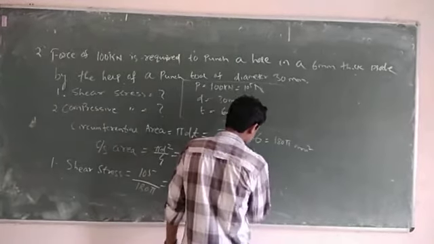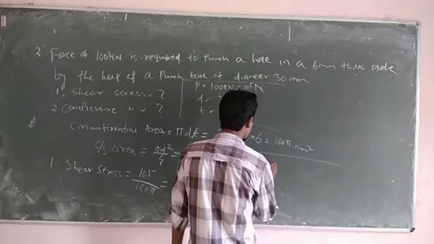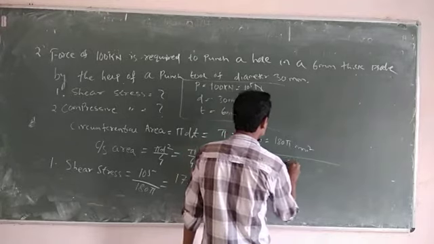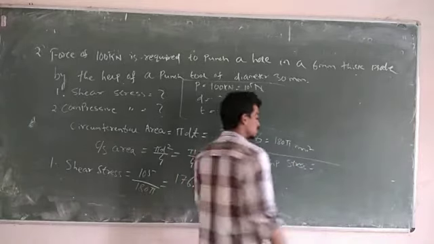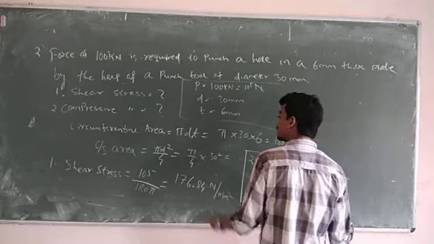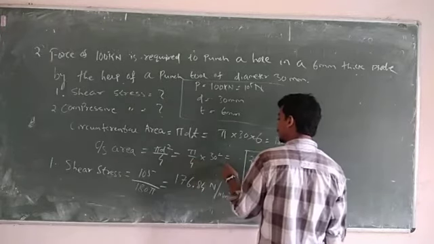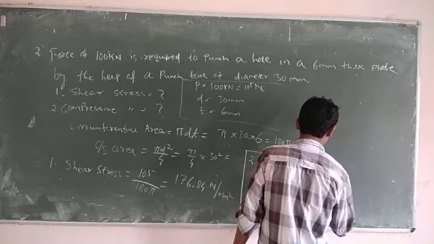Now our second question, compressive stress. How to find out compressive stress? Same thing, just load by cross sectional area, that is the only difference. So load is 10 to the 5, same. Cross sectional area we found, pi by 4 into 30 square.